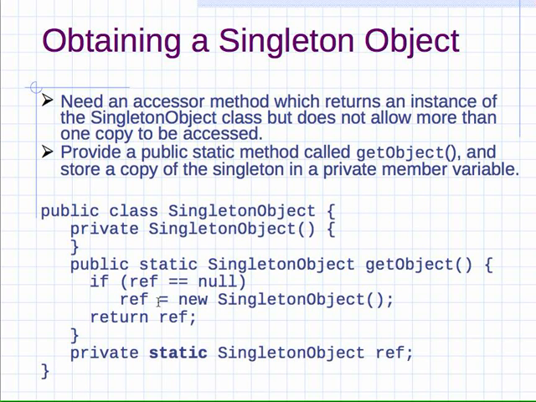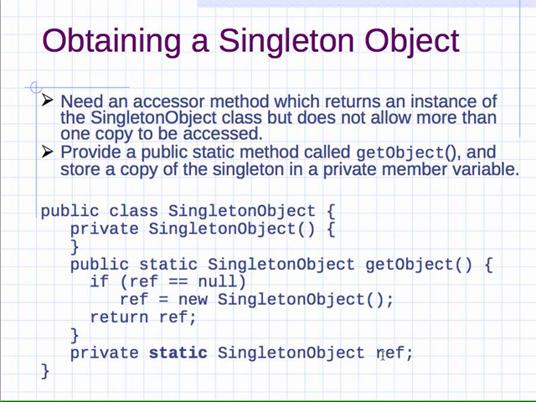You'll create a new object and have ref point to it, and then you return this. If you try to call this again to somehow try to create another object, well, ref won't be null. The static variable is seen by all instances of Singleton, and so you just return the current value of ref.